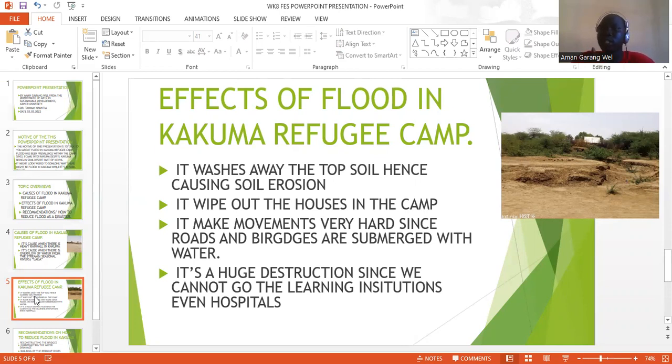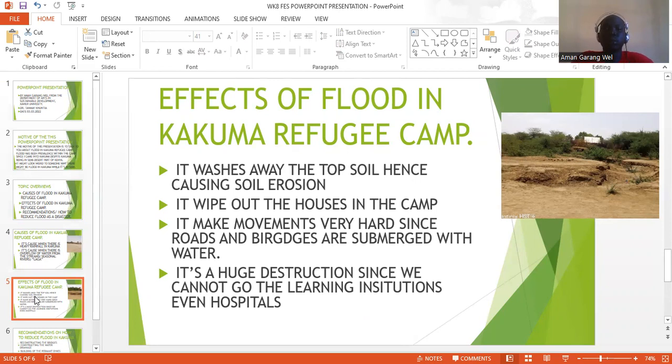But when there is heavy rainfall in some parts of Kenya, for example, in the Rift Valley province, water flows from the mountains and is channeled into these seasonal rivers, carrying the water away. This is what causes flood in Kakuma, hence marking some of our roads and bridges with water, and making movement very difficult in Kakuma refugee camp.